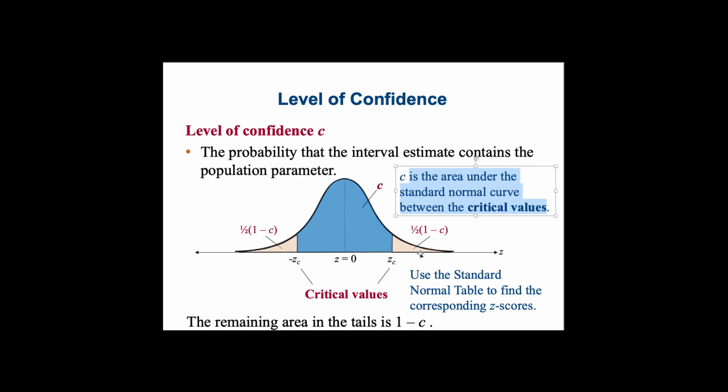The area on the left and right together is 1 minus C, so one half of 1 minus C on each side. We call these critical values, and C is the percentage that we have. The remaining area in the tails is a total of 1 minus C.